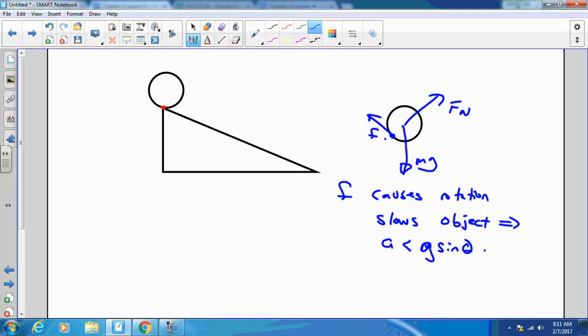In fact, the acceleration will also be less than g sine theta, which is what we would expect in the slipping without rolling situation.